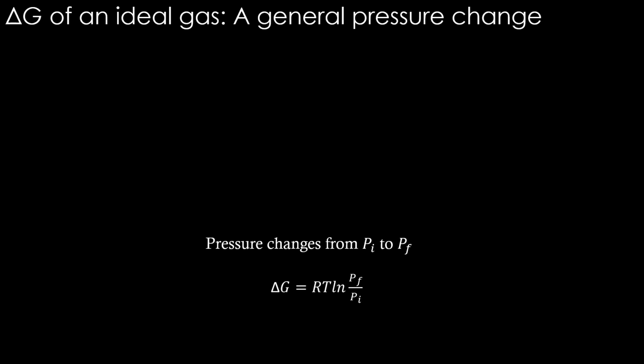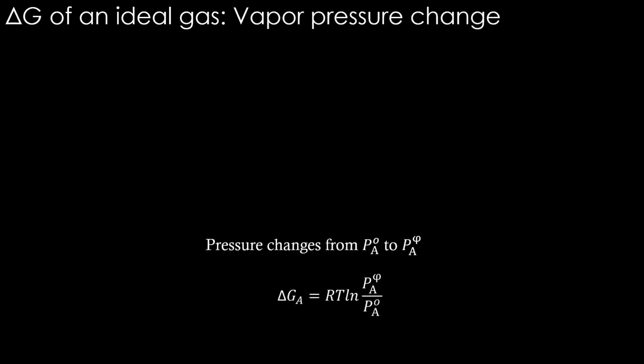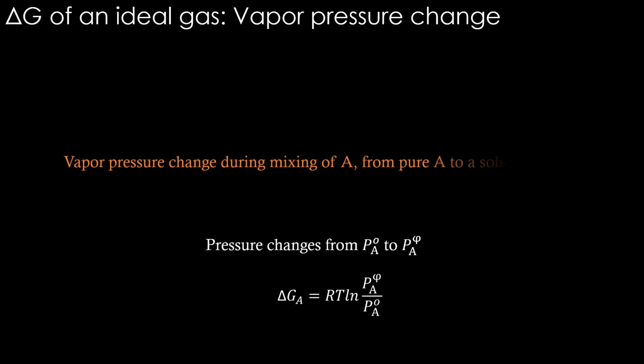Change the general pressure PI and PF to PA standard and PA phi to apply it to our mixing cases. Then we get delta G A is equal to RT natural log of PA phi divided by PA standard. This is the vapor pressure change during mixing of A from pure A to a solid solution phi.